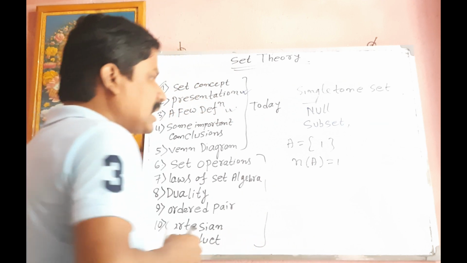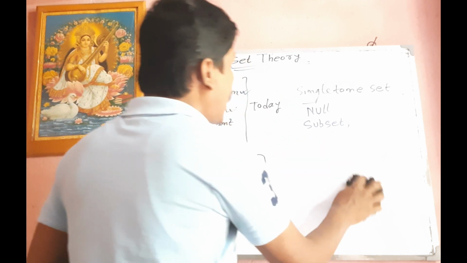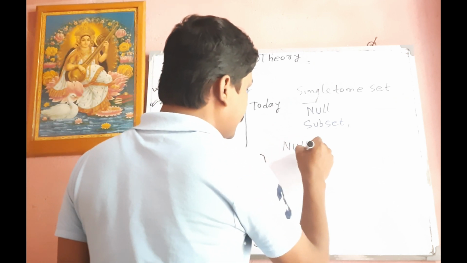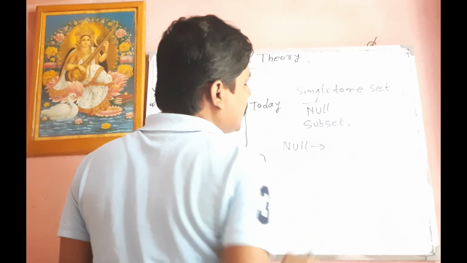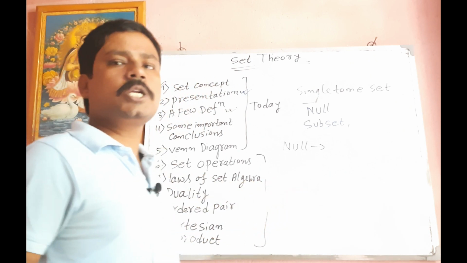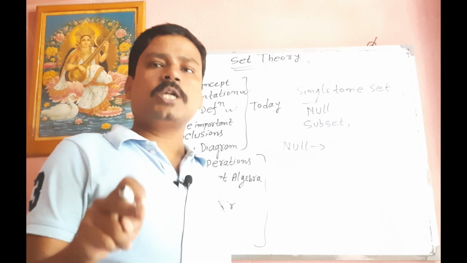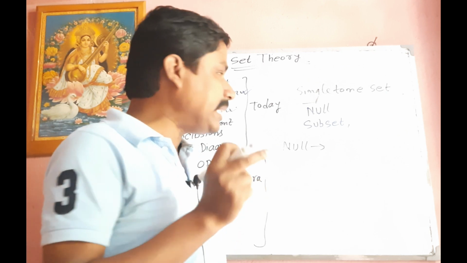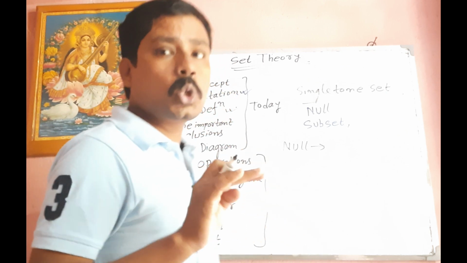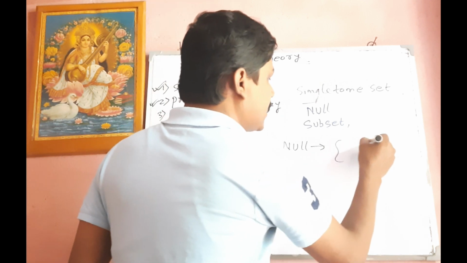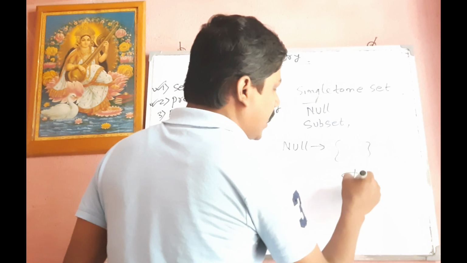Now we are discussing the next, that is the null set. What is a null set? Null set or void set or empty set. In this set, there is no element, and the representation of the set is this one or phi.